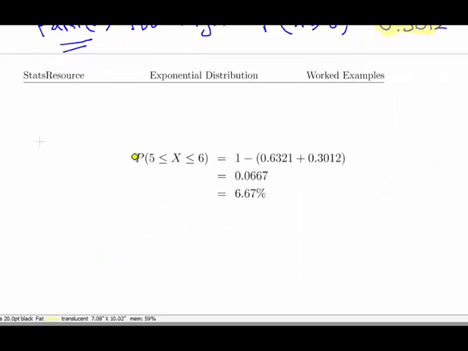Add them together, get the complement of that, and that should work out to be 6.67%. These numbers are very similar to a different video, and I'm conscious of that fact. It's just that in this video I approached the problem in a slightly different way. Okay, so that's good. We'll leave that there.